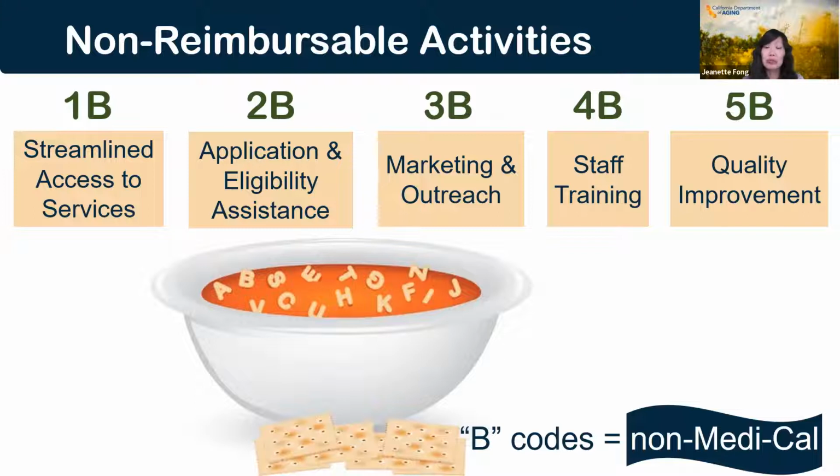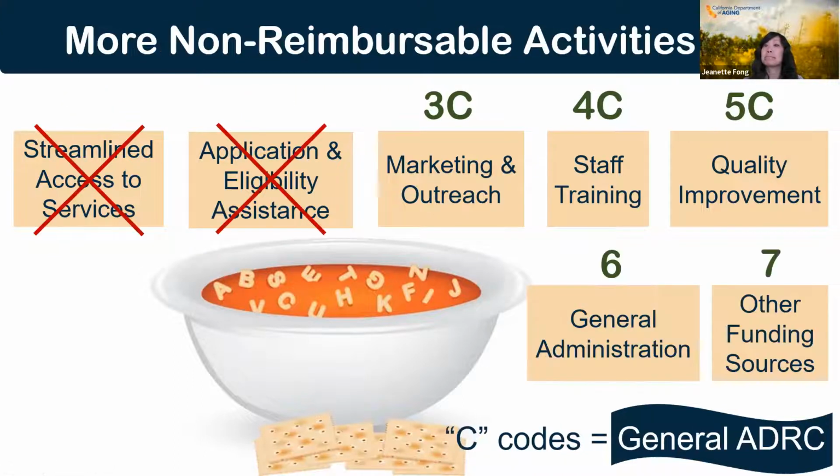So between our A and B codes, we've actually covered 10 of our 15 codes already. So let's look at our remaining 5. Our remaining 5 codes are also non-reimbursable activities.